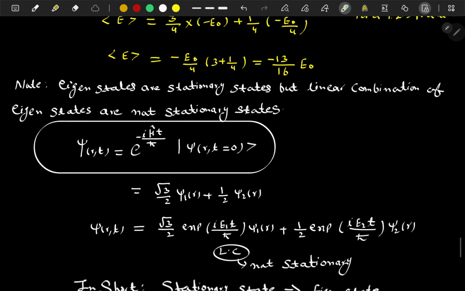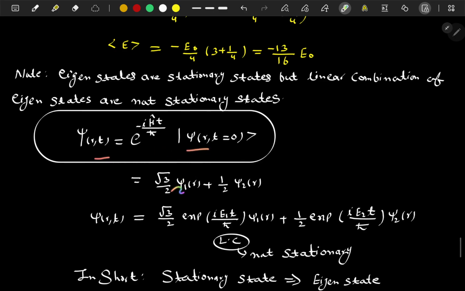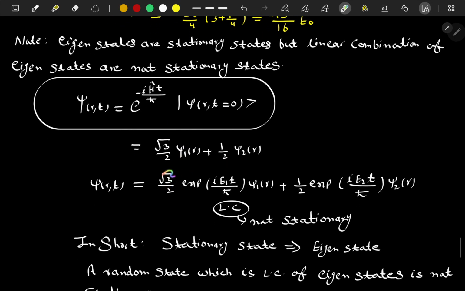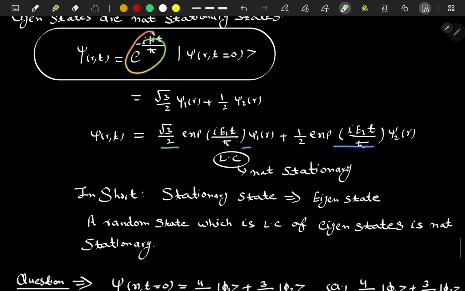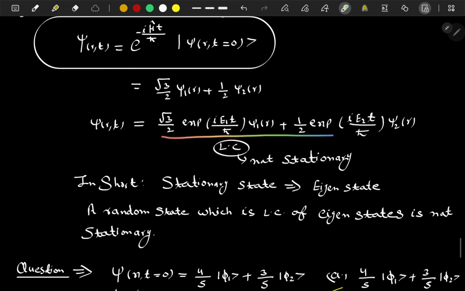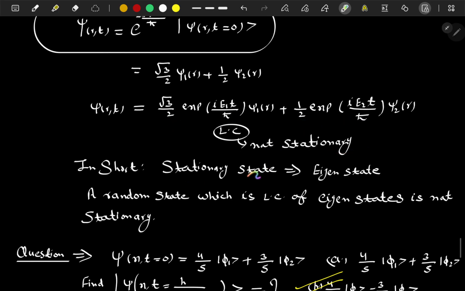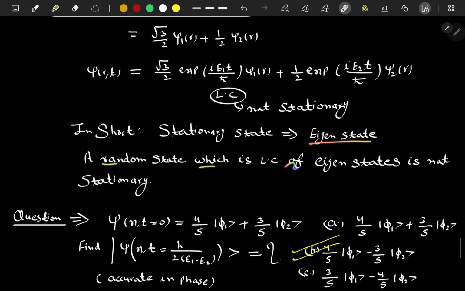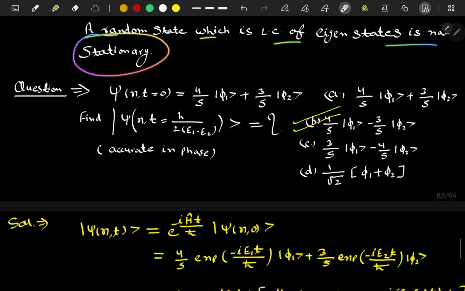This is the point. So psi of r,t equals root 3 by 2 psi 1 of r plus 1 by 2 psi 2 of r, multiplied by the time factors. It is a linear combination of the eigenstates, so it is not a stationary state. In short, stationary states are the eigenstates. A random state which is a linear combination of eigenstates is not necessarily a stationary state.